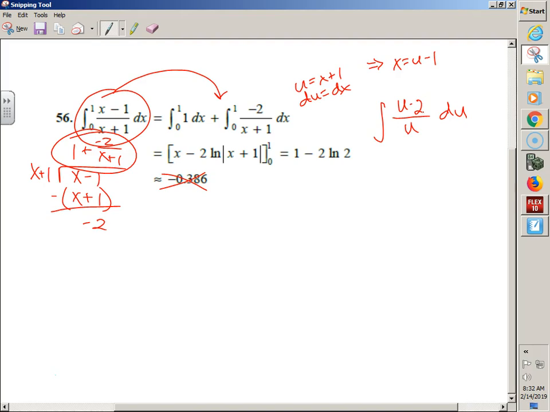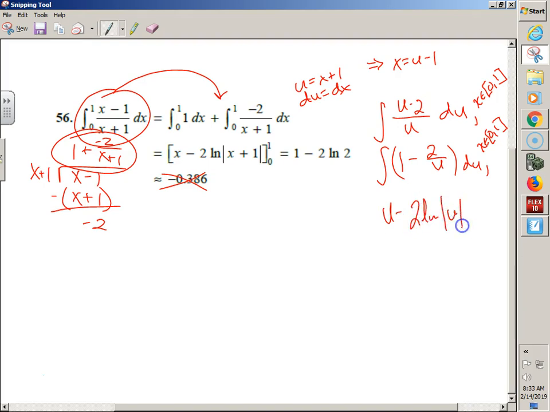We just think so differently. 1 minus, wait, what do you notice? Well, yeah, I'm kind of being lazy. For x within 0 to 1, this one time I'm just going to leave it in x's because I'm too lazy to think about u's. So you would have gotten u minus 2 ln of u plus c.